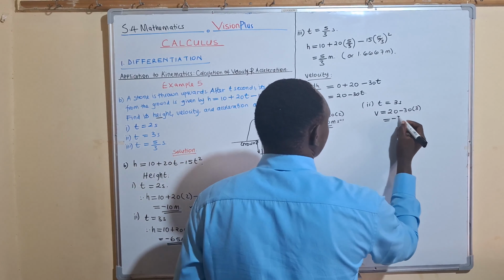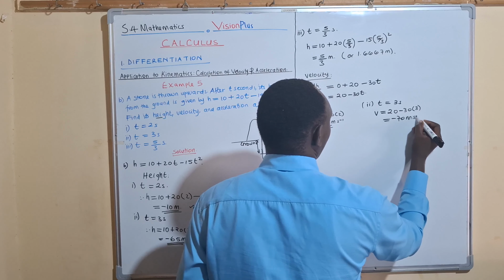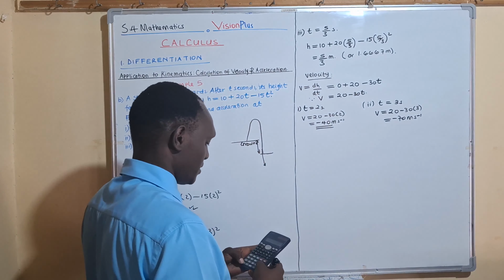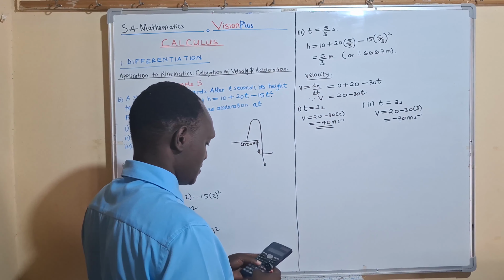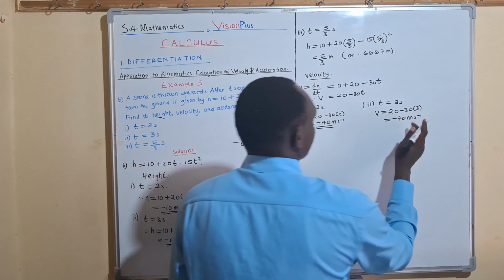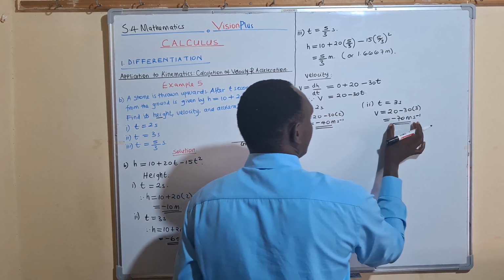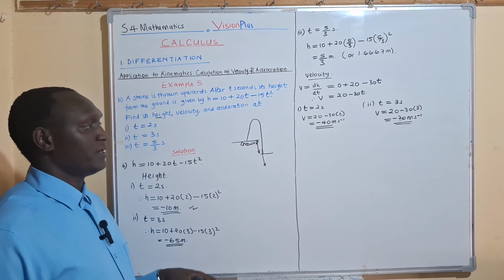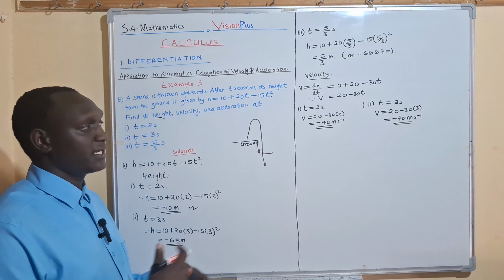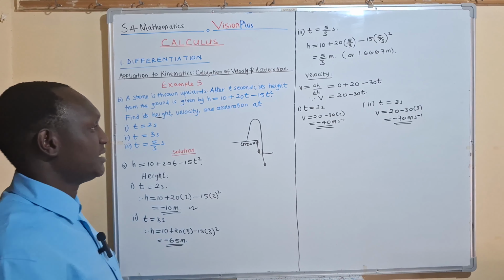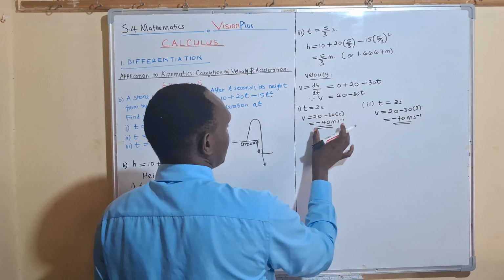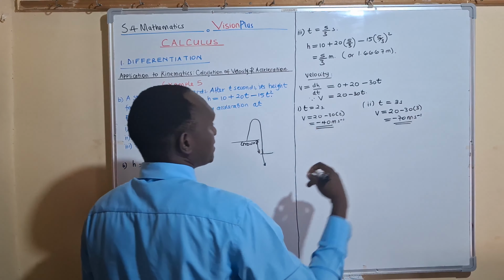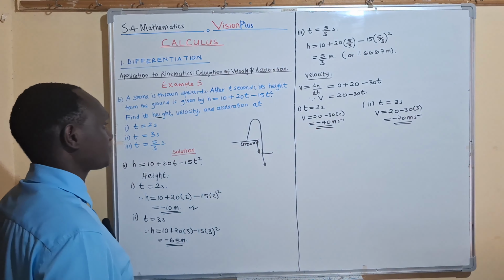This is negative 70 meters per second. 20 minus 30 times 3, yes, it is negative 70. What does it mean when the velocity is negative? It is moving in the opposite direction. But with time, the speed keeps on increasing in the opposite direction. That's why the speed here is smaller than here. The sign just shows the direction.